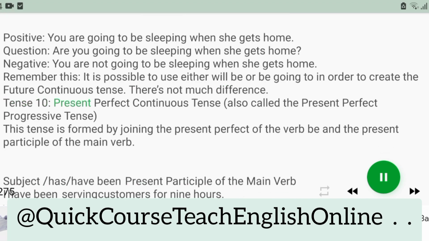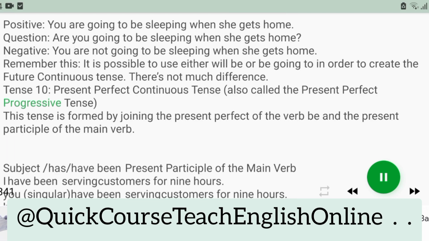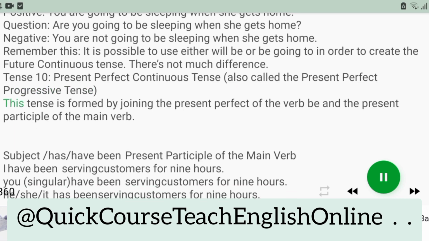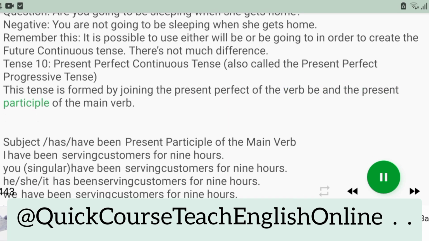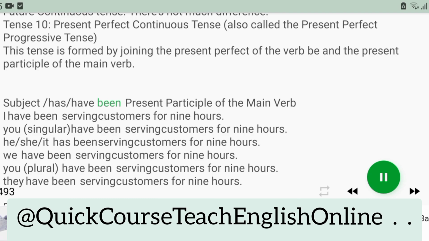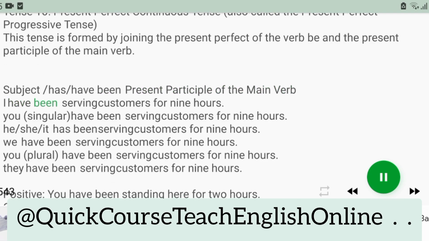Tense 10. Present perfect continuous tense, also called the present perfect progressive tense. This tense is formed by joining the present perfect of the verb be and the present participle of the main verb. Subject. Has, have been. Present participle of the main verb. I have been serving customers for 9 hours.